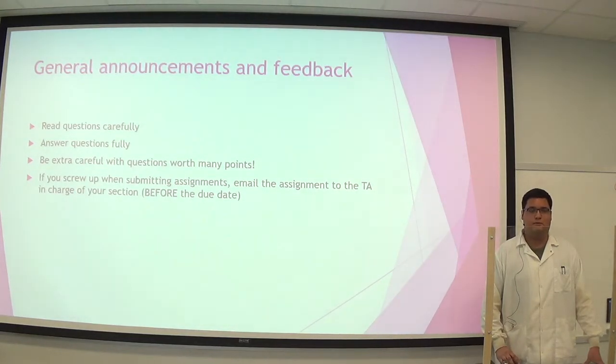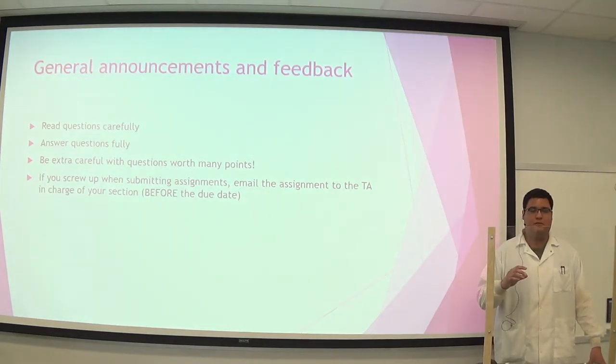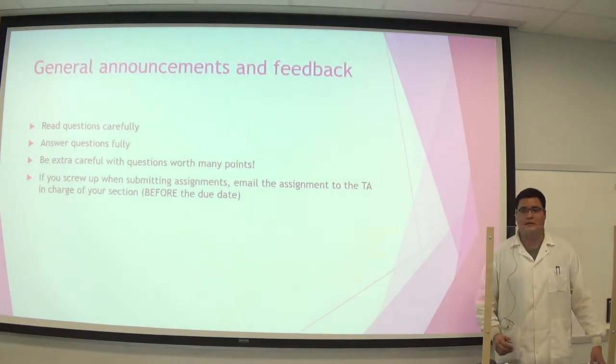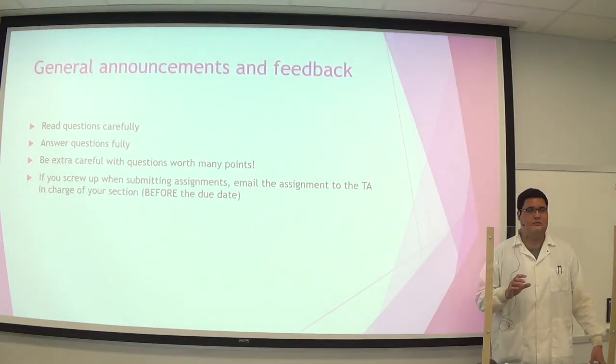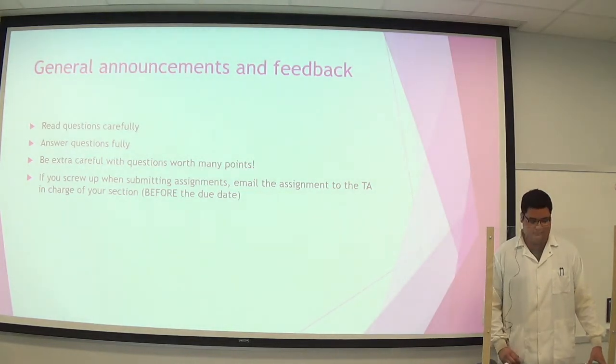So I know for some of the assignments you have multiple parts due at different dates. It's okay if you don't submit the whole thing completed, because obviously you won't be able to complete the whole thing. So long as the portion that is due is completed, we'll give you full credit for that. And then you can resubmit the second half, or whatever portion is due later, at a later time when it's due.